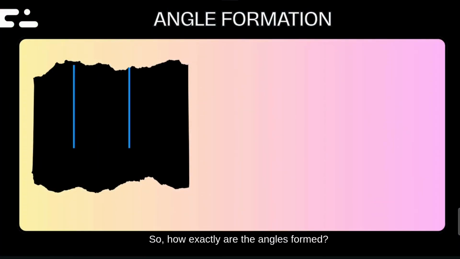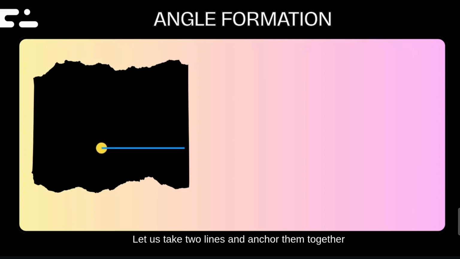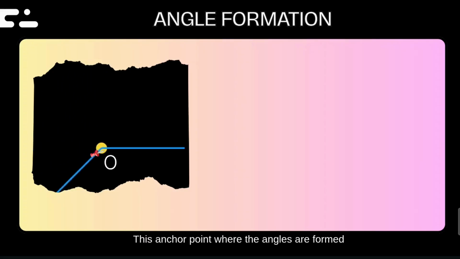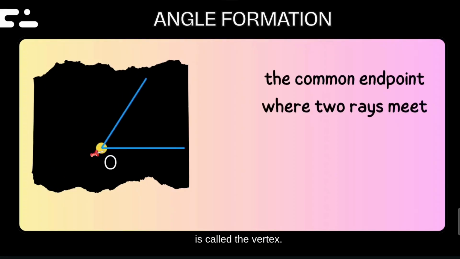So, how exactly are the angles formed? Let us take two lines and anchor them together at one point. Let's name it O. As these lines move, rotate or tilt, angles are swept at O. This anchor point where the angles are formed is called the vertex.